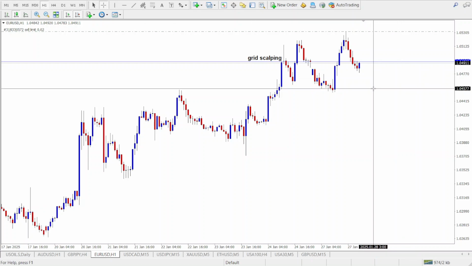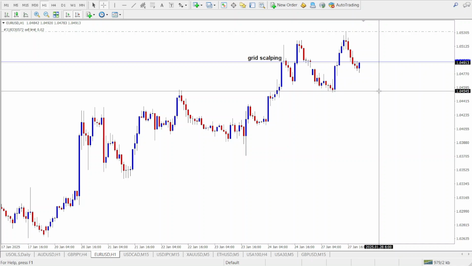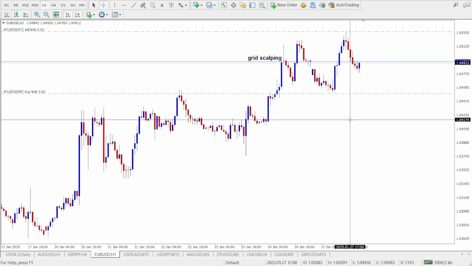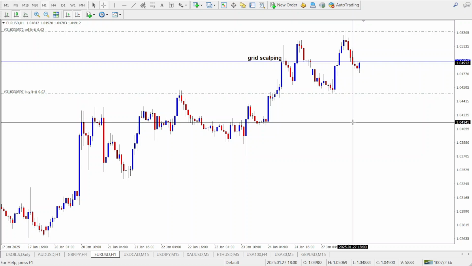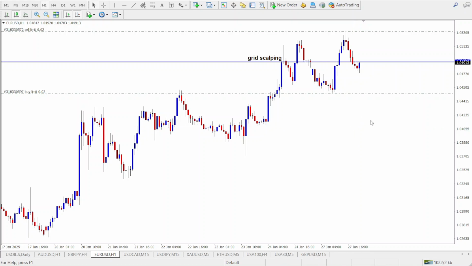Then for buy, I can just set it at 1.045, which should be about 400 points. I'm going to be giving a difference of 400 points. Then it means another buy can be around 1.041. If I'm maintaining 400 points, that's going to give me around 1.041 and so on, if I want to keep on going down.